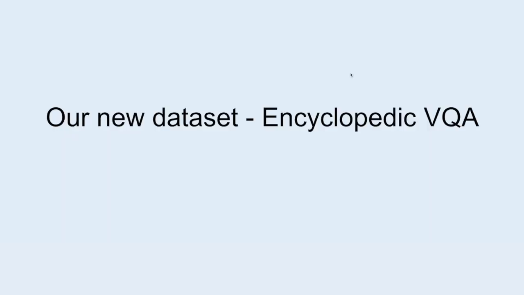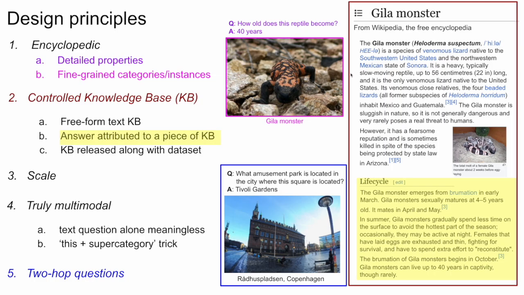In this paper, we have two major contributions. First, we present a new dataset, Encyclopedic VQA. We have designed this dataset with 5 design principles in mind. It should be encyclopedic, which for us means that it should be about detailed properties of fine-grained categories or instances.